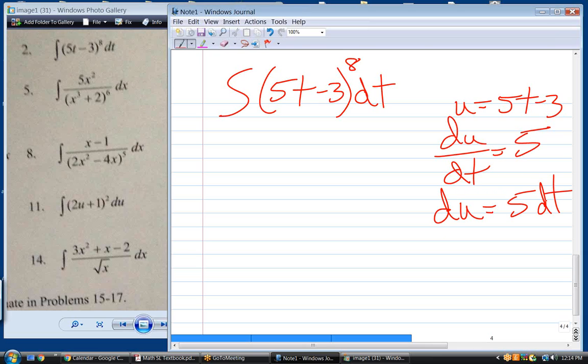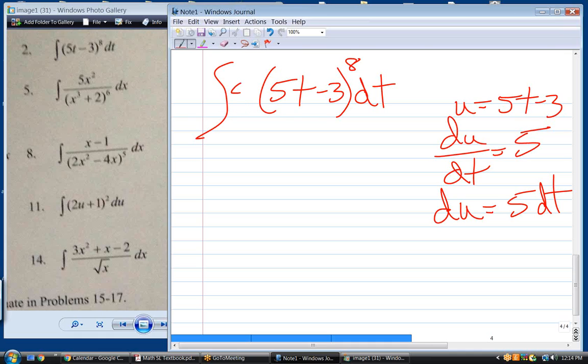Now, do we see a 5 dt anywhere? No, we see a dt. So now this requires a little bit of out-of-the-box thinking. The one thing about integrals is that if you have a constant, you can always place it inside or outside of the integral.